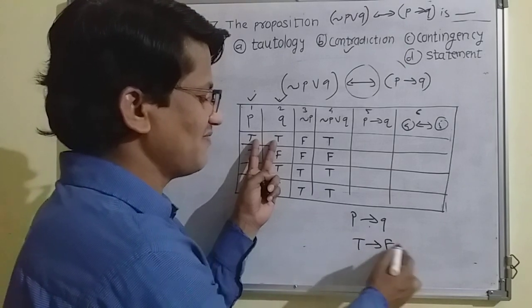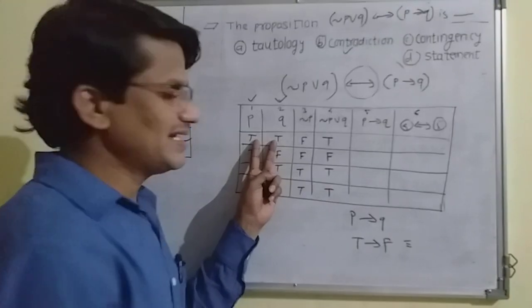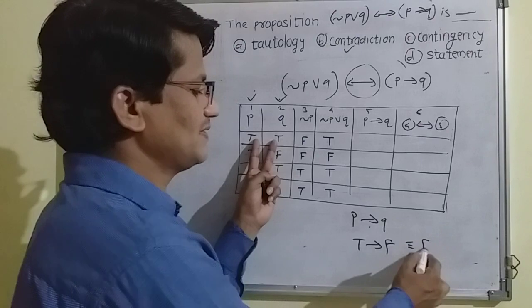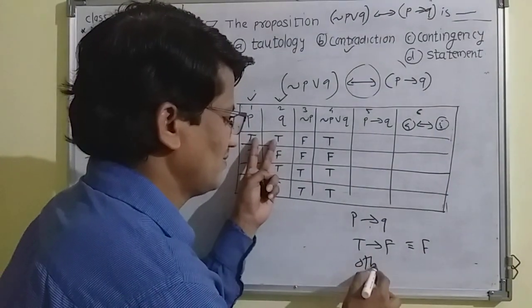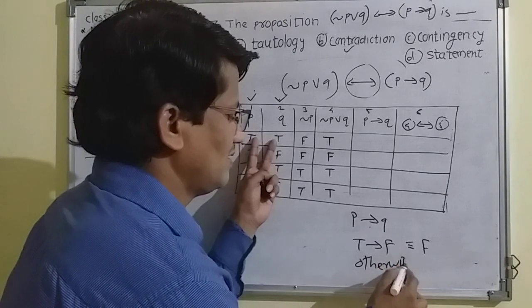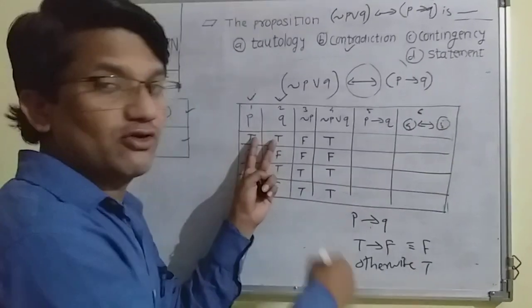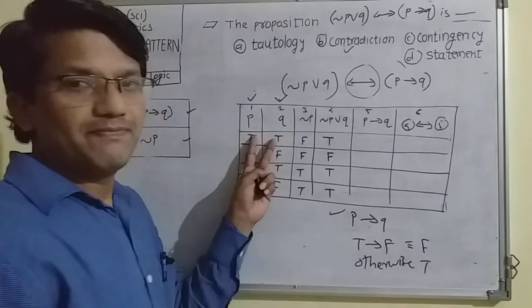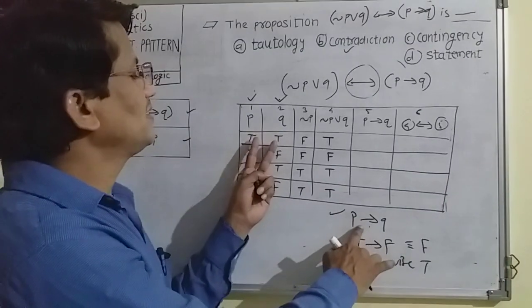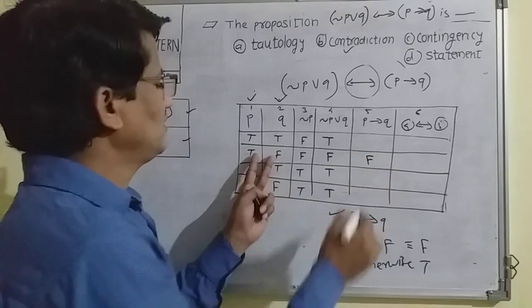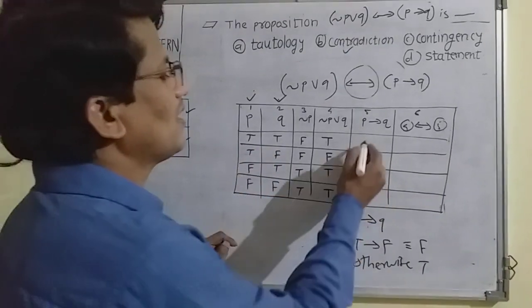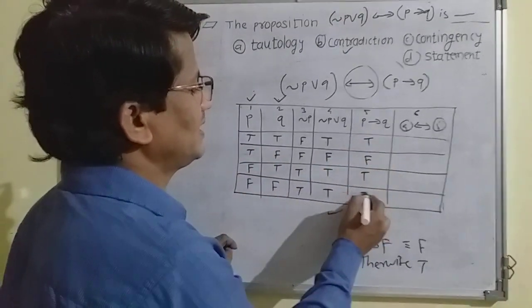T implies F, result is F. Otherwise T. This is the main rule for implication. Here it is TF, result is F. Fill all other entries with T.